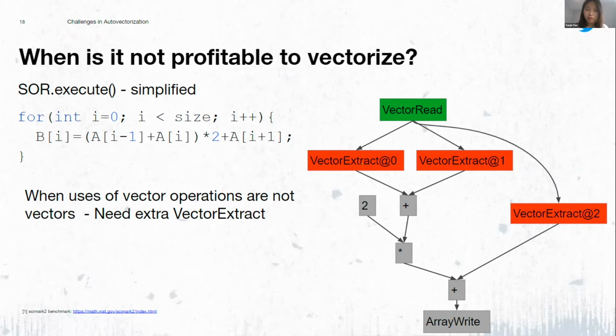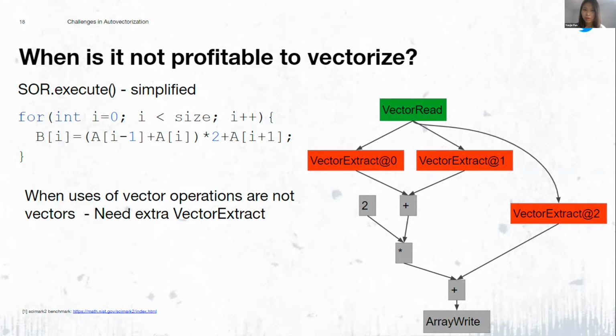However, actually we'll need extra vector extracts to extract the scalar values from the vector register. We have 3 vector extracts here and 1 vector read. Overall, the overhead is higher than the benefit. So the vectorized version of this code is slower than the original scalar version.